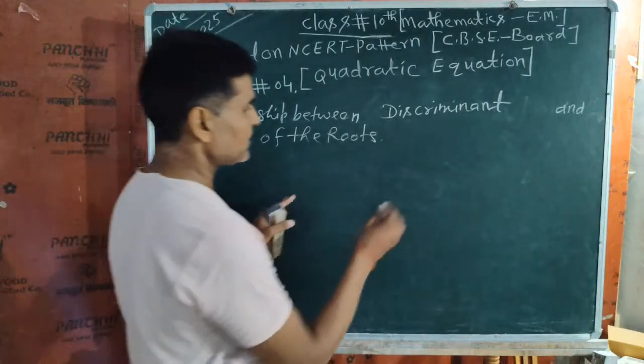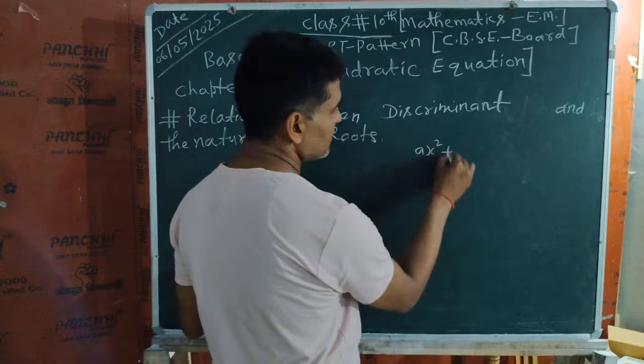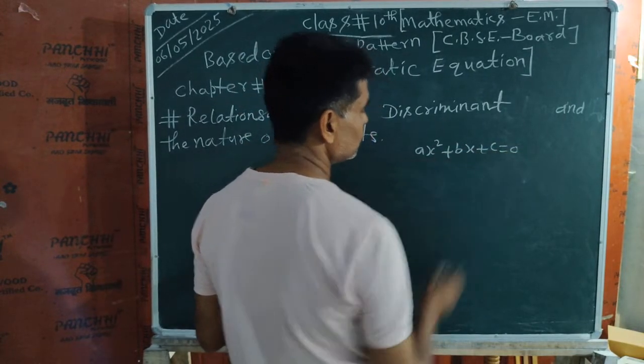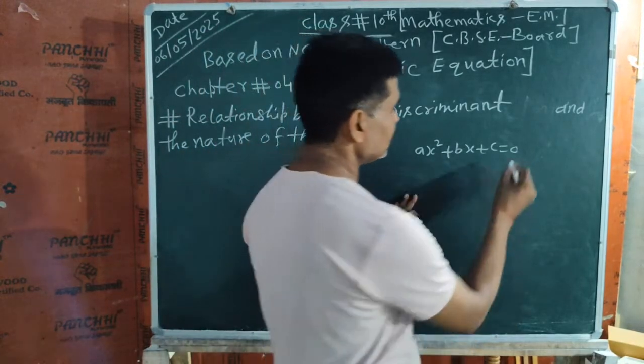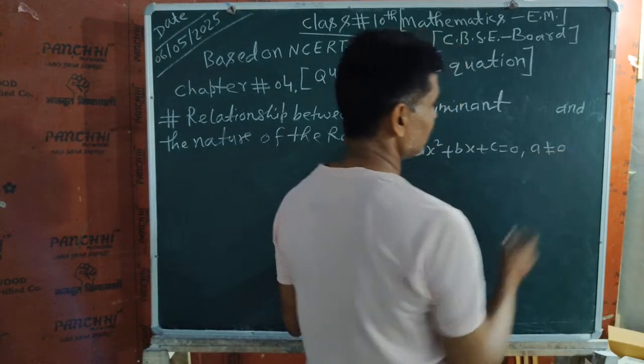First of all, I will write the quadratic equation: ax square plus bx plus c equals 0. Here a, b, c are constant terms, but I am going to write one condition: a cannot be 0.